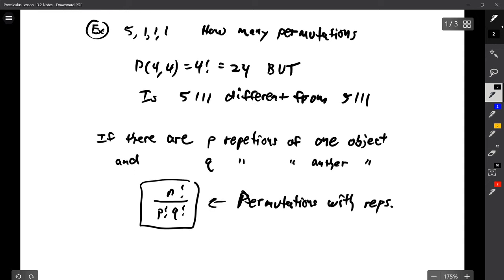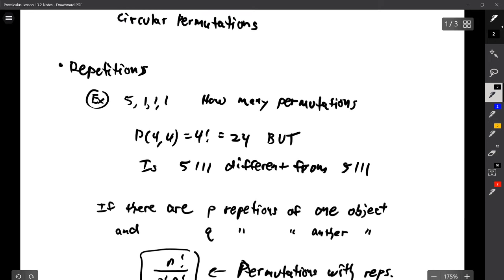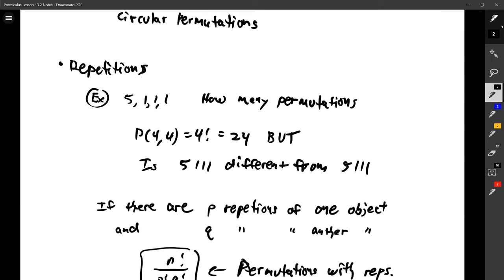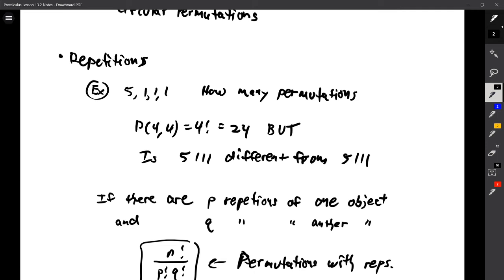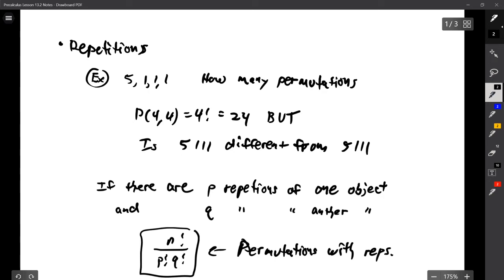So what's going on? If I use this 5 and these 3 ones as an example, if we look at how many different ways you can arrange those 3 ones, the number of ways to arrange just the ones is 3 factorial.